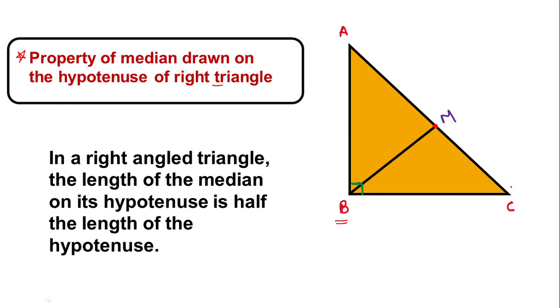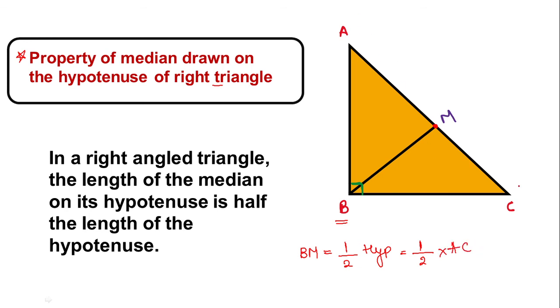Now let's see the property related to it. In a right angle triangle, the length of the median on its hypotenuse is half the length of the hypotenuse. If you observe the figure, BM is the median drawn on the hypotenuse AC, so BM will be half of the hypotenuse AC.